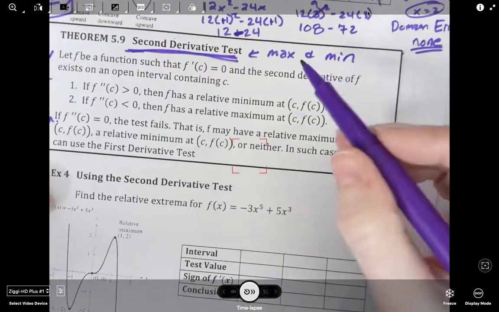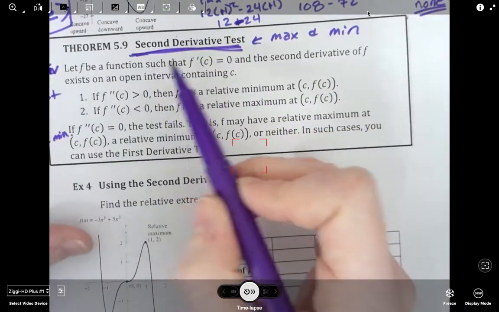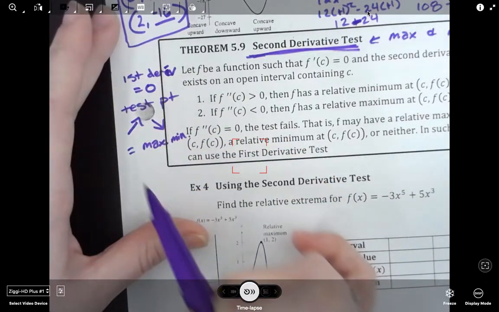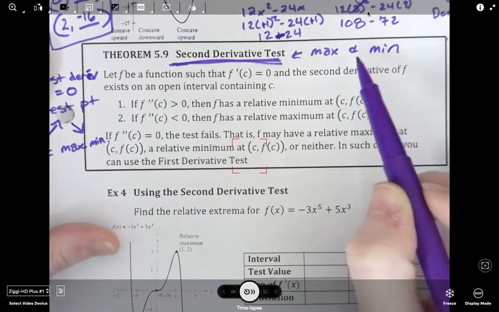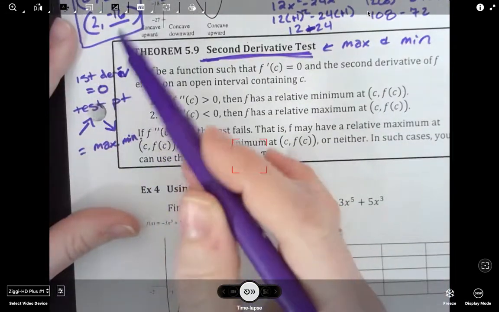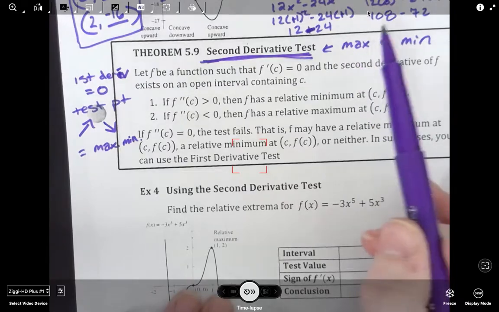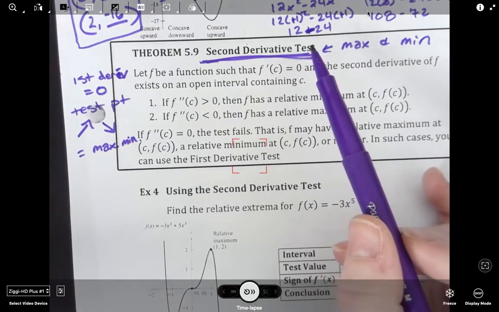Now you are finding maximums and minimums by using the second derivative test. This is a different method other than this. Sometimes this is easy, sometimes you'll find it easier to do the increasing, decreasing procedure. But maxes and mins you can find using the second derivative, okay?